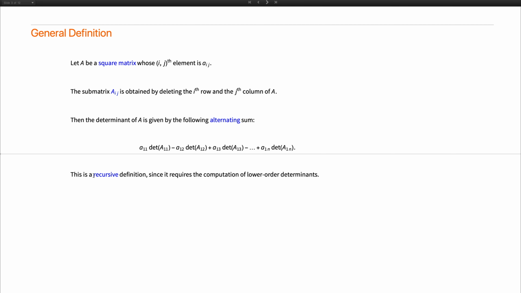But you'll notice this is a recursive definition, because to compute these determinants you need to work with smaller matrices, so you've got to go all the way down until you're done.